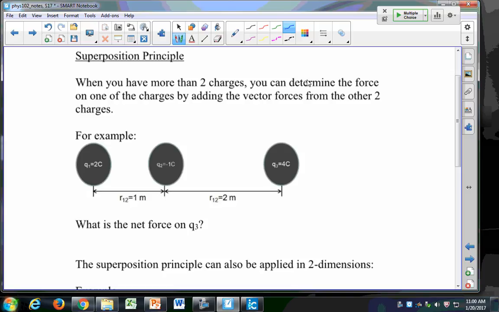So if I'm to draw the force due to particle 1 on particle 3, I'm going to draw it like this. This is F on 3 due to 1. That is the force due to this particle. They're both positive, so they're repulsive. Here, this is a negative particle, and so the force on particle 3 due to particle 2 is going to be in that direction.